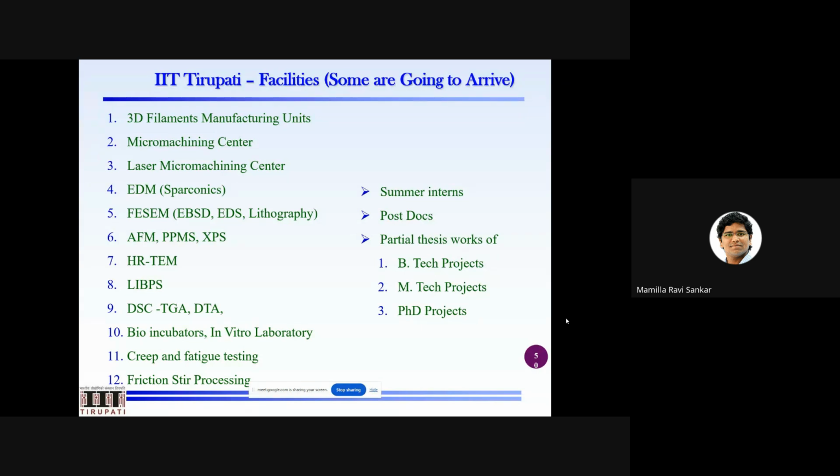If you can publish, we are happy to publish along with your supervisors from your institute, because their contribution will also be a technical contribution. We are also ready to take up partial PhD work, so that our machine utilization will be there.